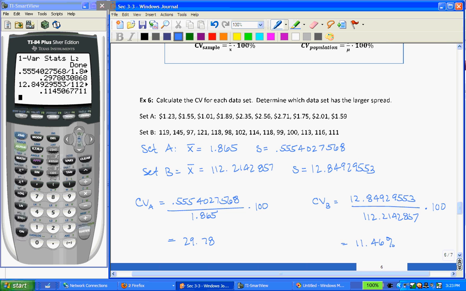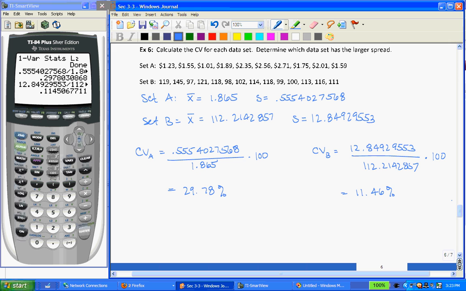Okay, so now these are percentages, and we can say for set A, the variability is 29.78% of the mean, whereas on set B, it's 11.46.